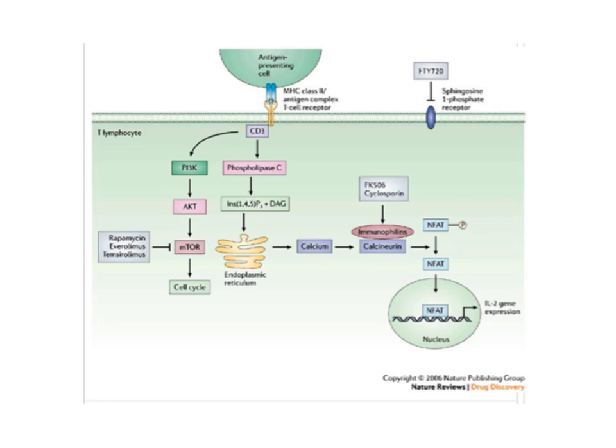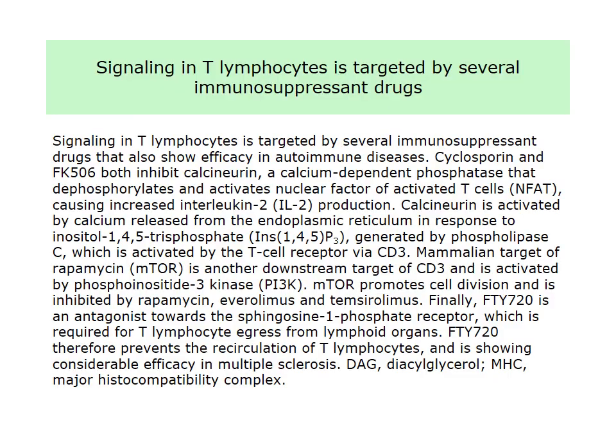Since they go through different routes, you have a choice of blocking one, and the second, and the third. Some of them are calcium dependent phosphatases, some block calcineurin, some block different molecules. And the same happens in autoimmune diseases as well.